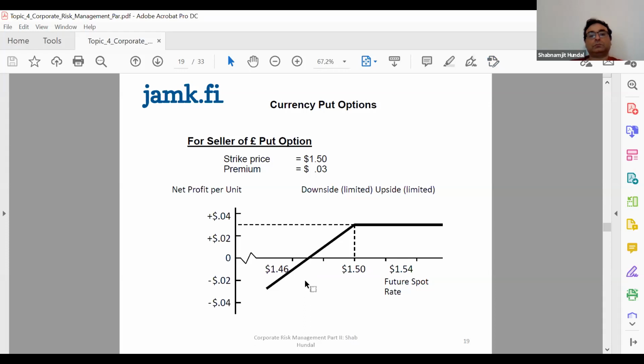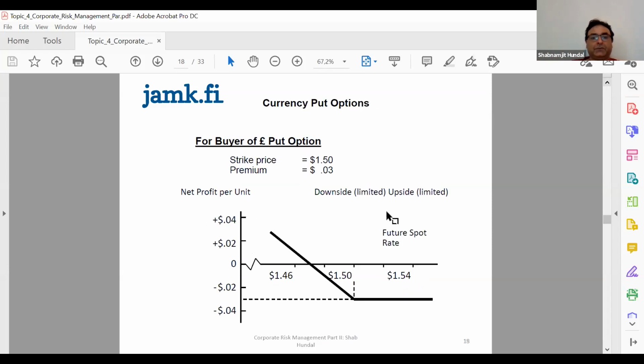How? Oh, it's the opposite, I think, for the seller of put option. Yeah. So this is for the buyer of put option. This is the right picture.